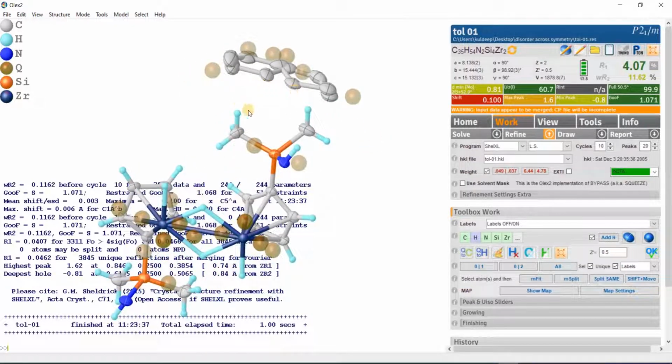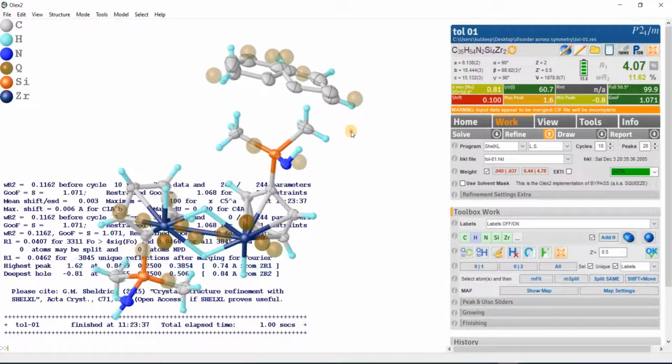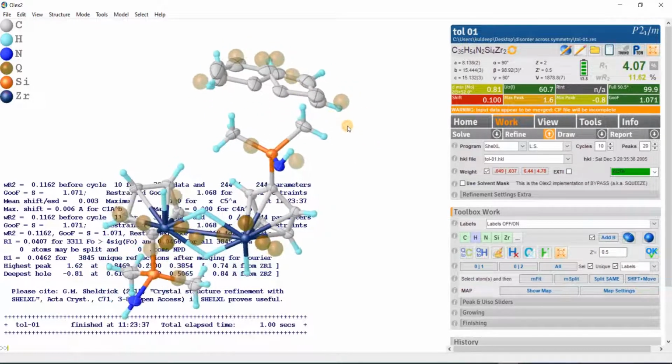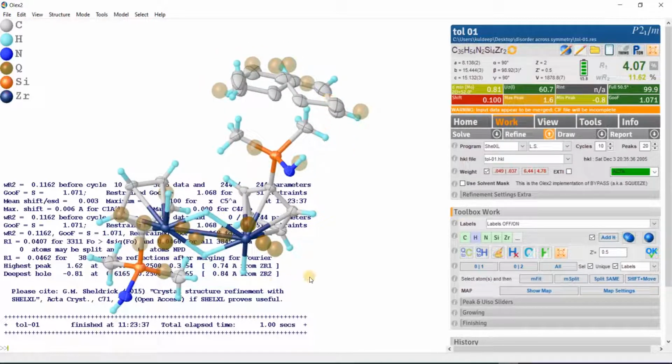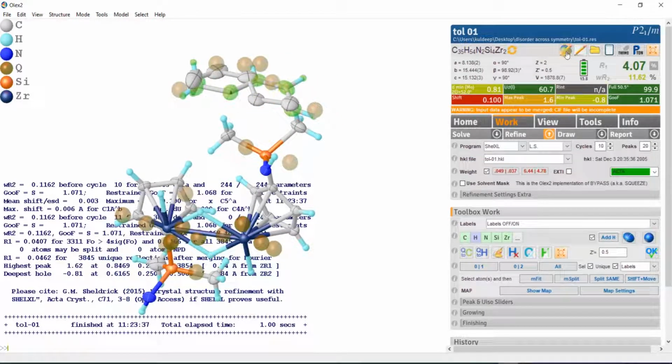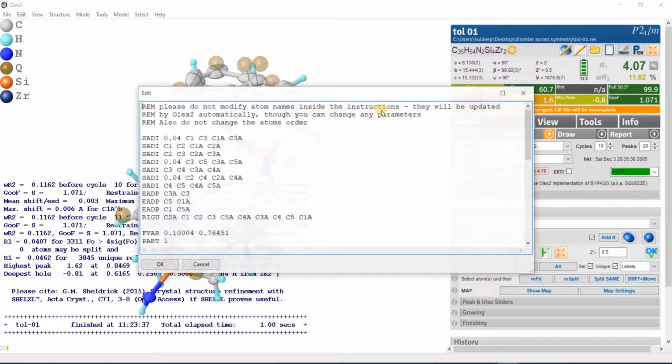If I am going to select part 1 only, select the part 1, and now I'm going to add. Okay, so it will add the hydrogen on the first part. So I'm going again to select part 1, and I'm going to open these atoms by pressing this button.